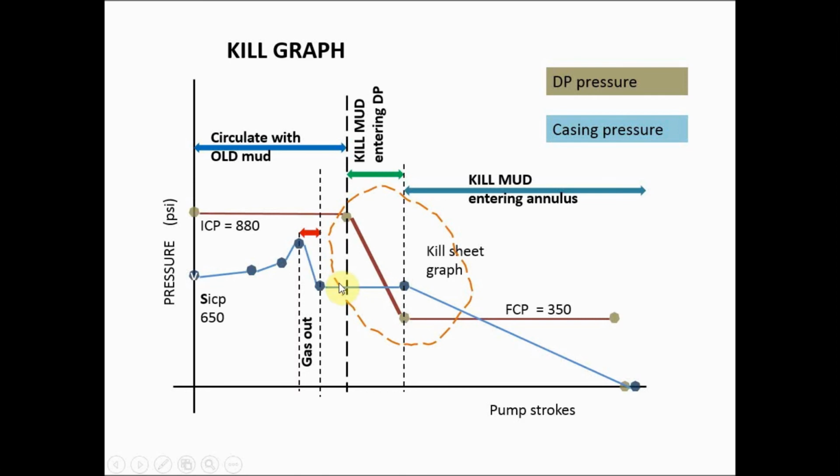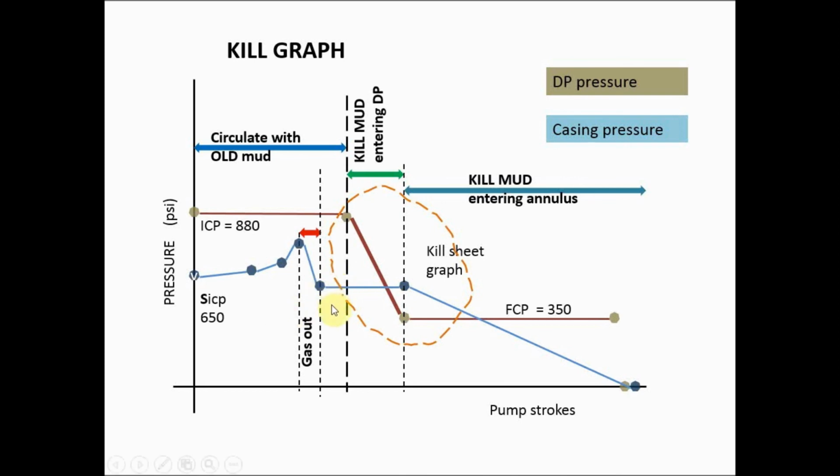At this point, no more influx is expected in the annulus. We can circulate for a while to make sure that no more influx is left in the annulus, and when we are sure, we can gradually shut in the well, decreasing the pump speed, maintaining casing pressure constant.